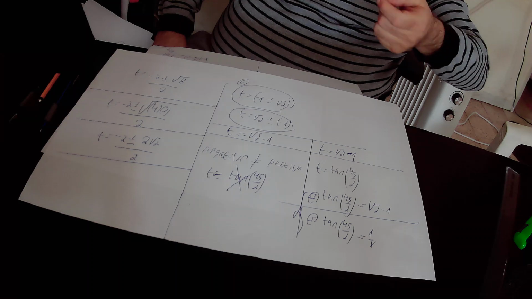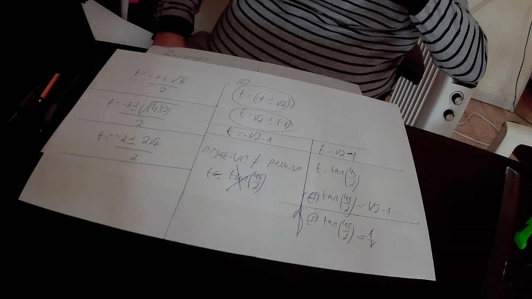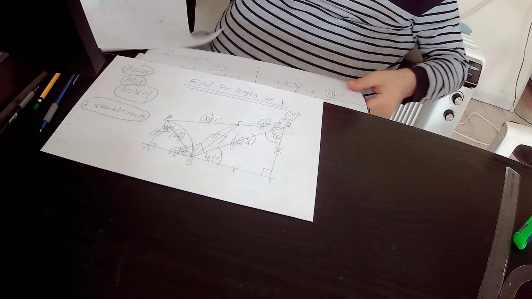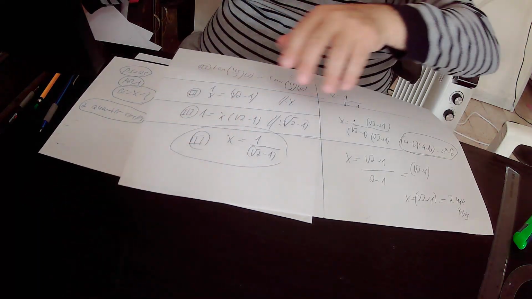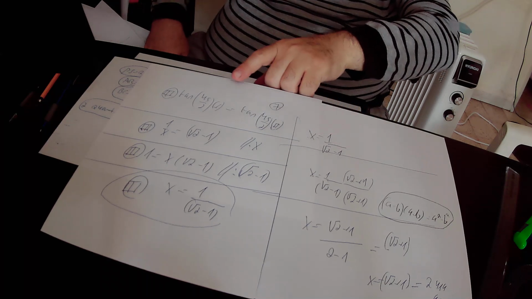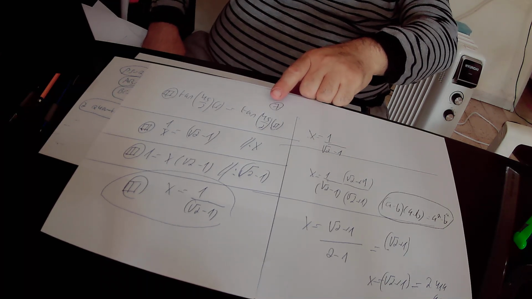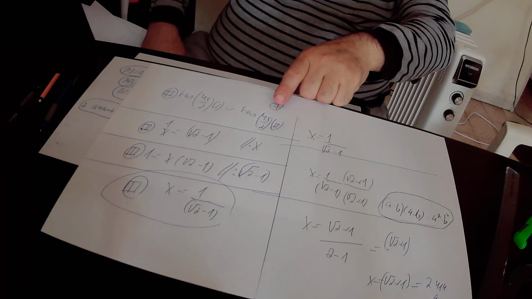So we have two different equations for tangent of 45 over 2 degrees. Therefore, we can do equation number 3 that states that tangent of 45 over 2 degrees according to equation number 1 must be equal to tangent of 45 over 2 degrees according to equation number 2.